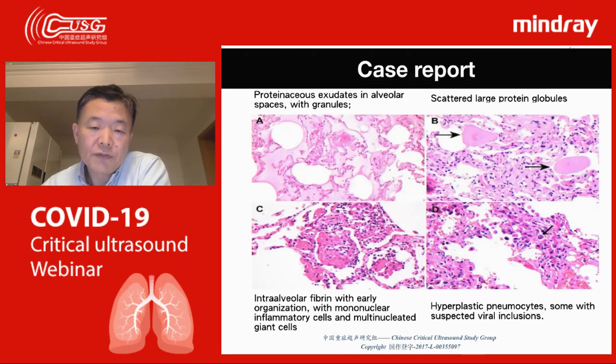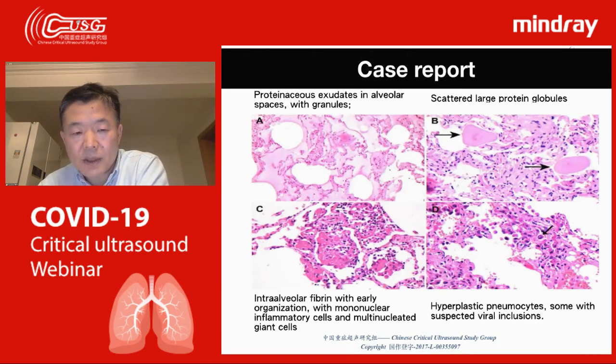So in this first part, the pathology gives us the impression that the damage is mostly in the epithelial cells and not in the endothelial part or cells.